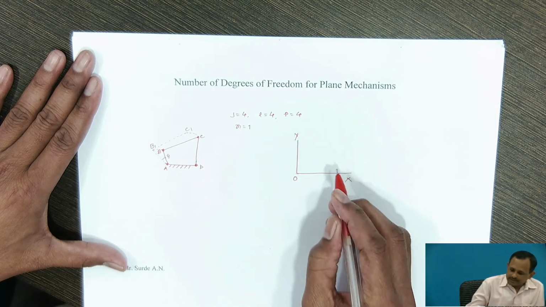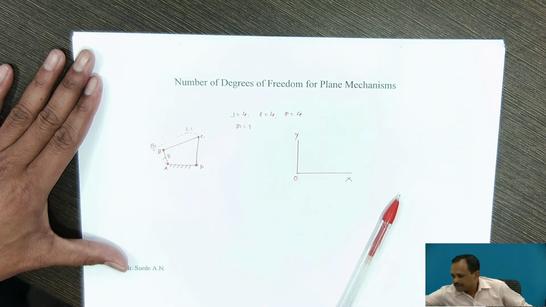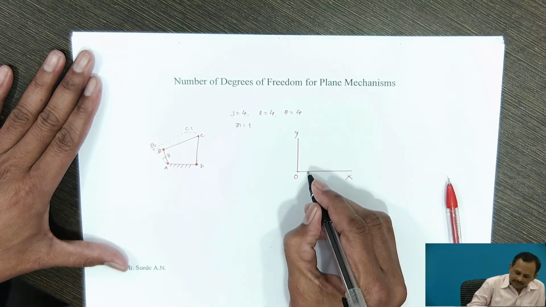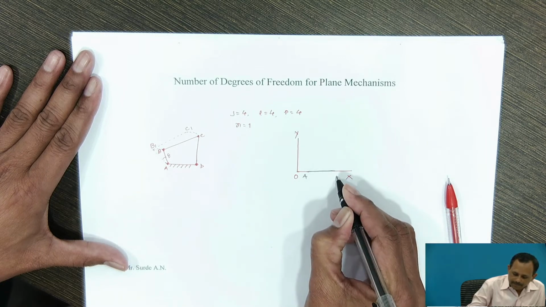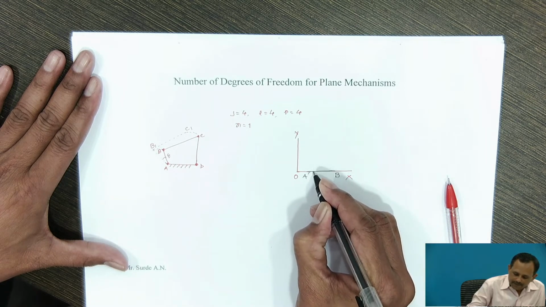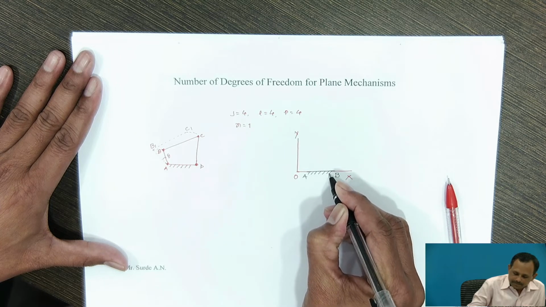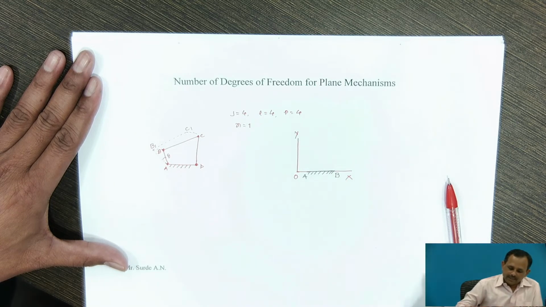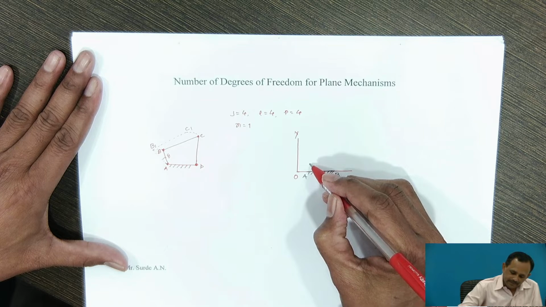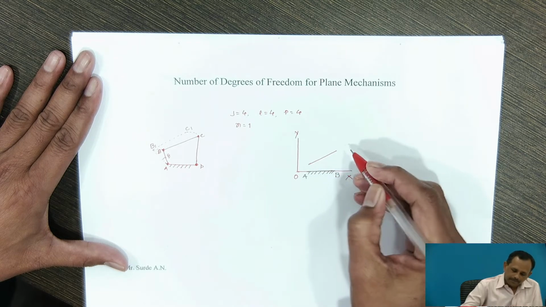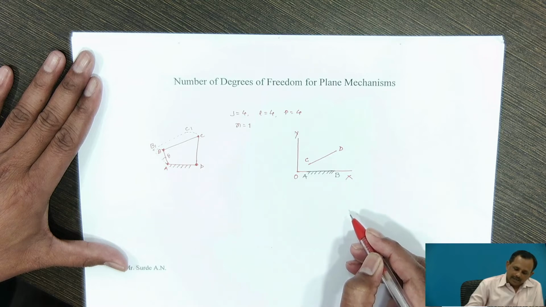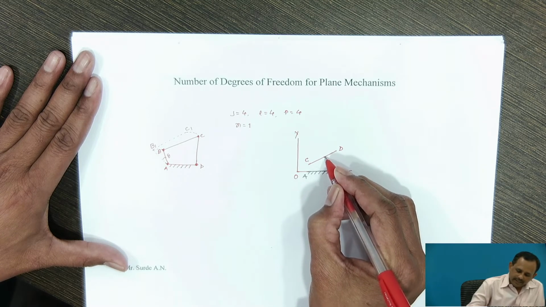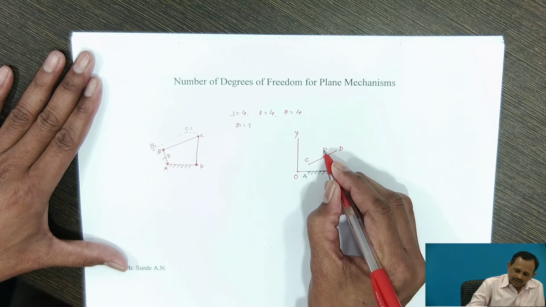Now, consider link AB as a reference link, which is kept fixed, and another link CD. Consider any point P on this link CD.